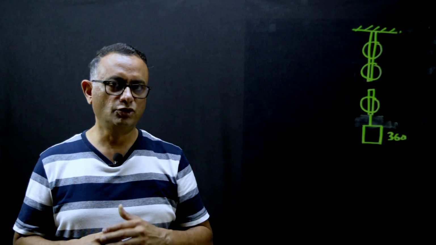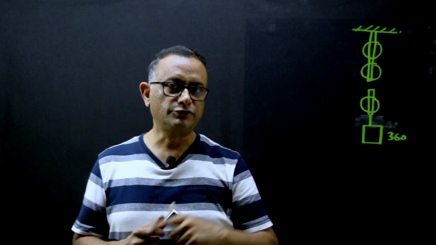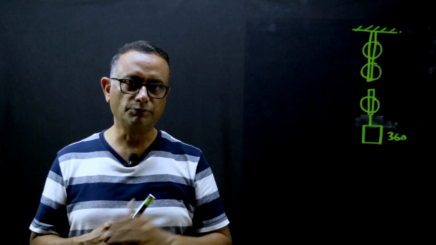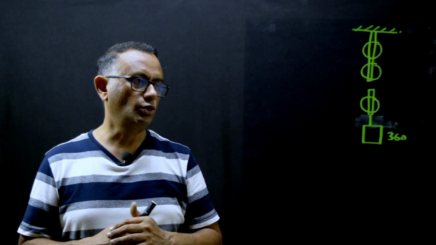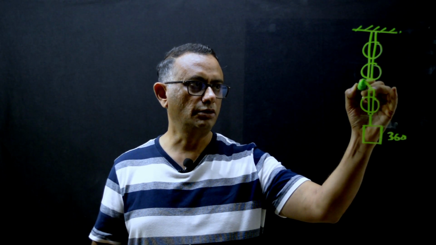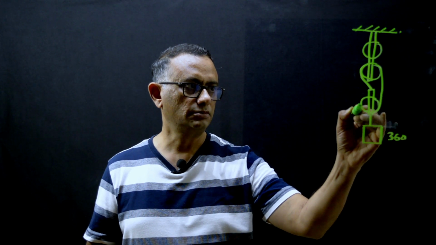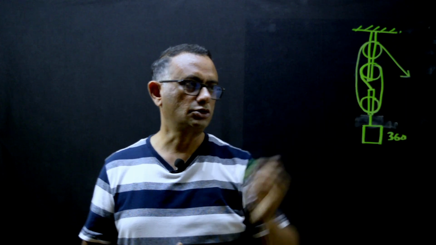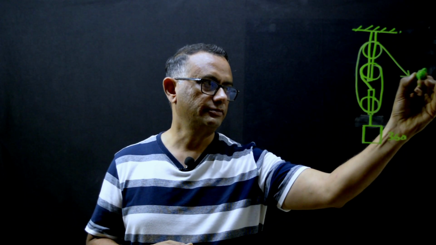So in this, when you are told 3 pulley system, you will have to remember that we will have two fixed pulleys mounted on the top block and one movable pulley on the bottom block. Okay, and the way we hook up the system is we start with the bottom block, go around the fixed block, come down, loop it over the top fixed pulley, and this is going to be the effort.